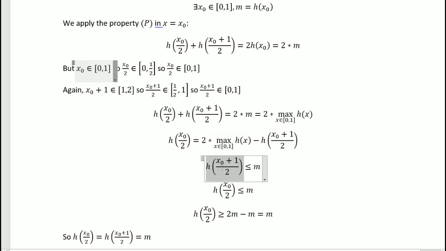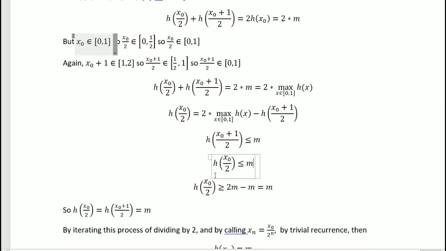So we know that h of x0 plus 1 over 2 is inferior to m, and h of x0 over 2 is inferior to m. So we get that h of x0 over 2 is superior to 2m minus m from this line, so it equals to m.